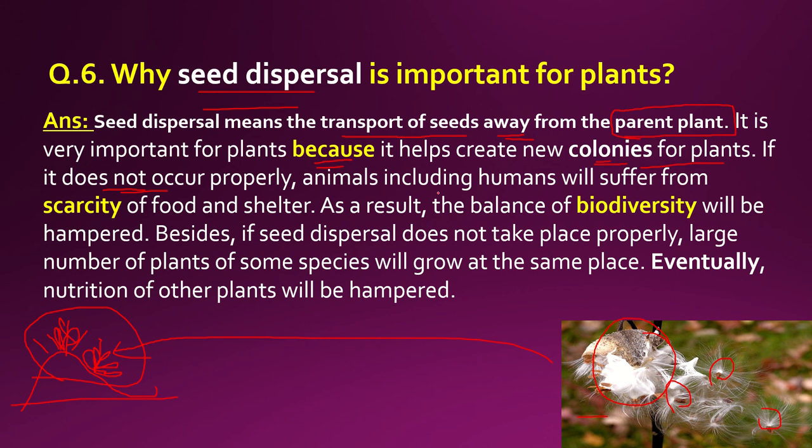Then animals including humans will suffer from scarcity of food. Scarcity means lack of food and shelter. As a result, the balance of biodiversity will be hampered. Biodiversity means the varieties of plants and animals.